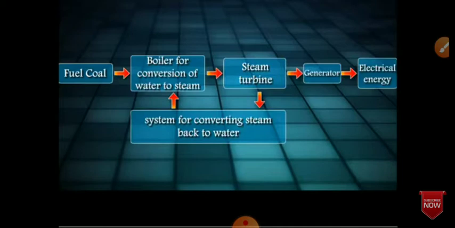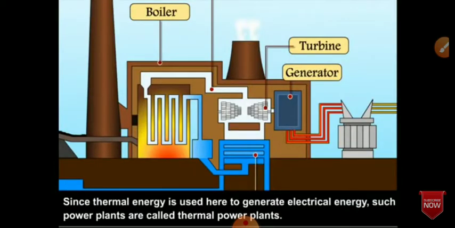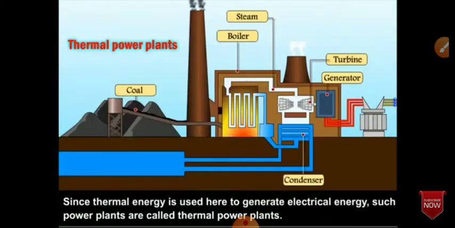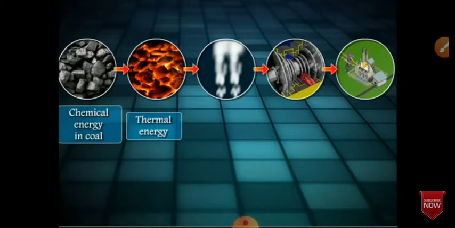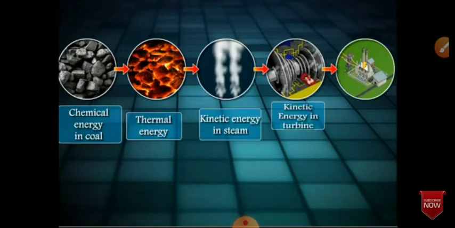Boiler for the conversion. Here you can see that thermal energy is used to generate the electrical energy. These are thermal power plants. You can see the structure. How the coal is used here, that you can see.